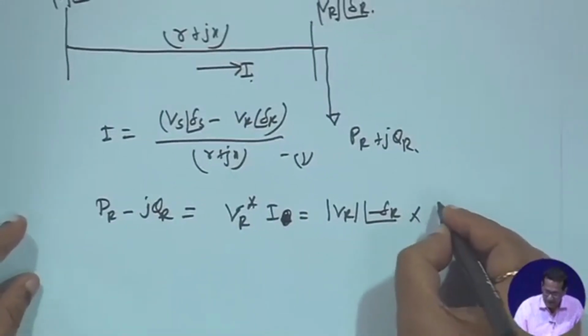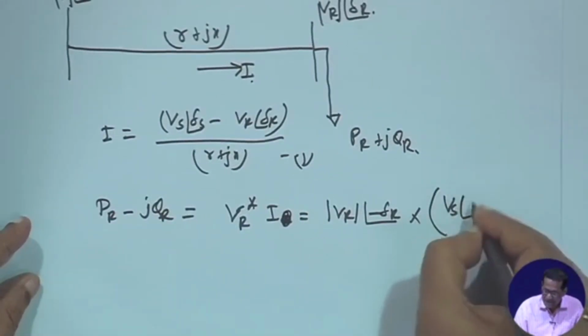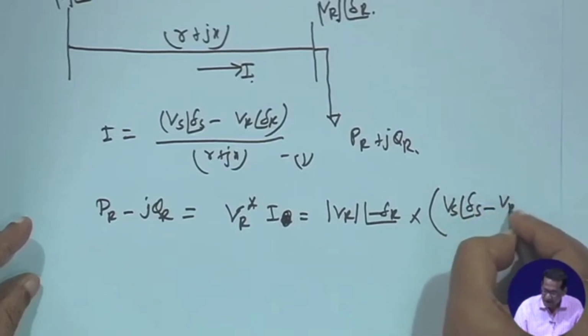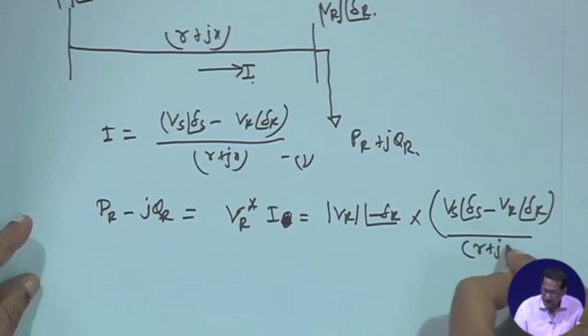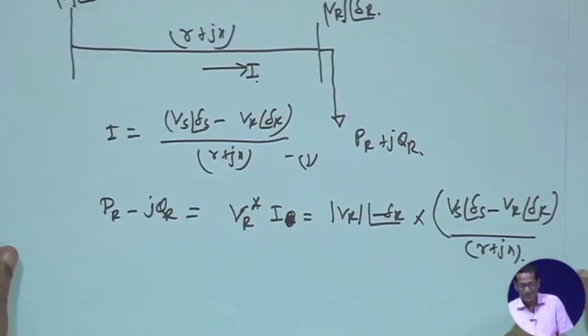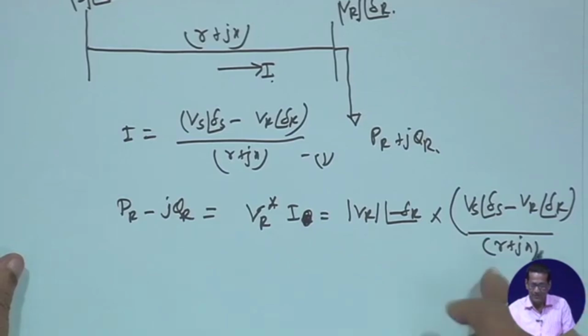So, into V s angle delta s minus V r angle delta r divided by r plus j x, right. This way this equation will come, P r minus j Q r.